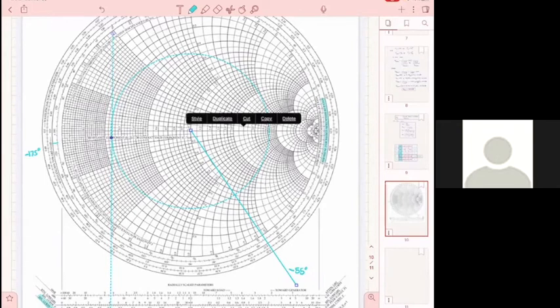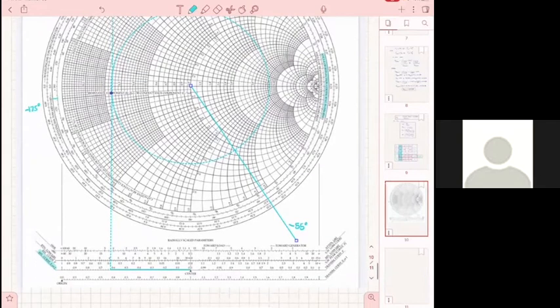And no, then it's to measure the length from the center to the 0.63 on the left hand side, and then find the point with the same length on the right hand side of the same axis, on the reflection coefficient axis.